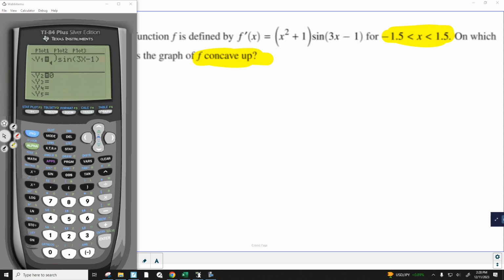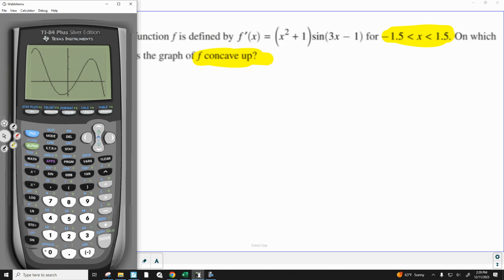If you press graph, you're immediately going to be like, oh, geez, I don't want the entire graph. Press on to pause. You go to your window. You adjust your X-min and your X-max. You zoom fit to see everything nicely. And this is my graph from negative 1.5 to 1.5.